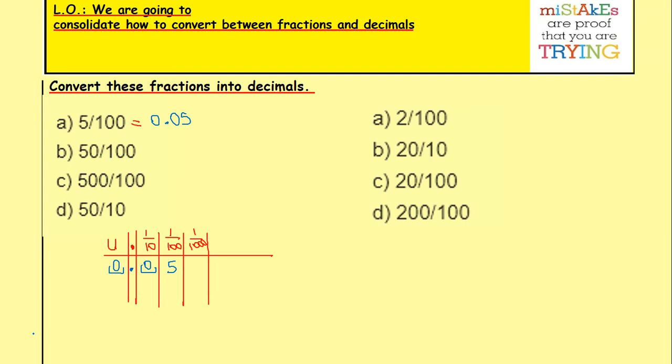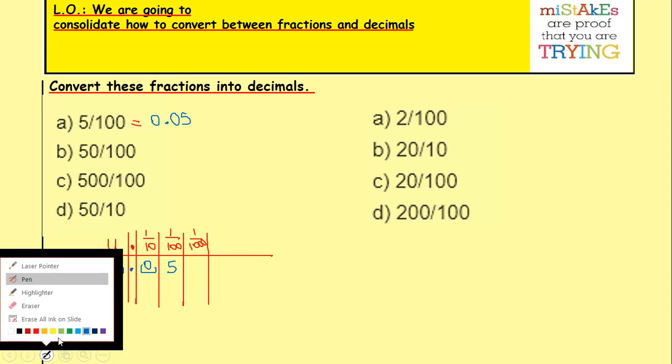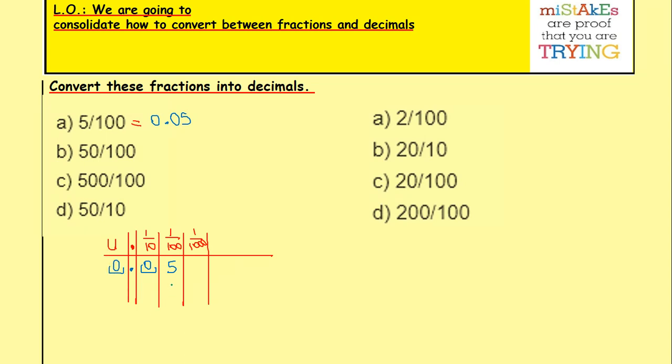Let's see the next one. 50 above 100. Okay, so now I have 50 above 100, but I know I can't put 2 digits in the same place value. So I put the 0 here because that is my last digit, which has to tell us what place value we need to put my last digit in. And I put the 5 here. But I can see it is still not 100% correct because I need to put my decimal point and one more 0 placeholder.